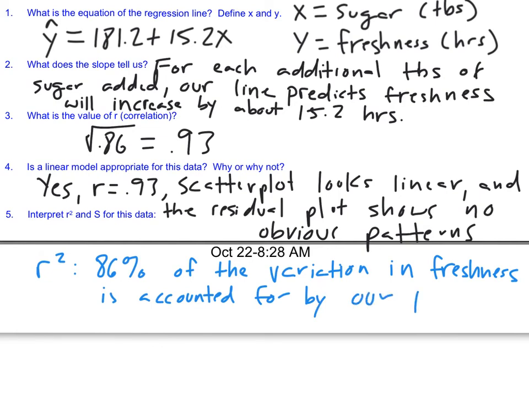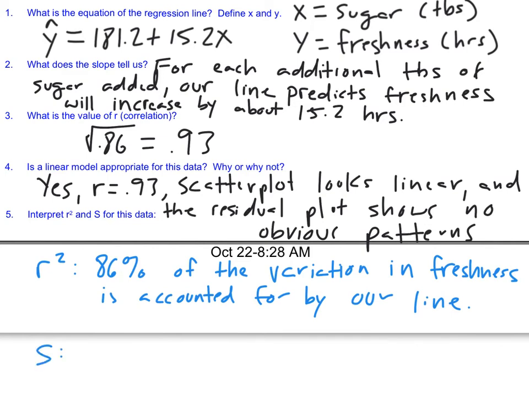Again, you can think of that as how accurately our line could predict y from x. If r squared were 100%, that means the points form a line, and s would be 0, because you could predict freshness perfectly from the amount of sugar. That's not quite the case.